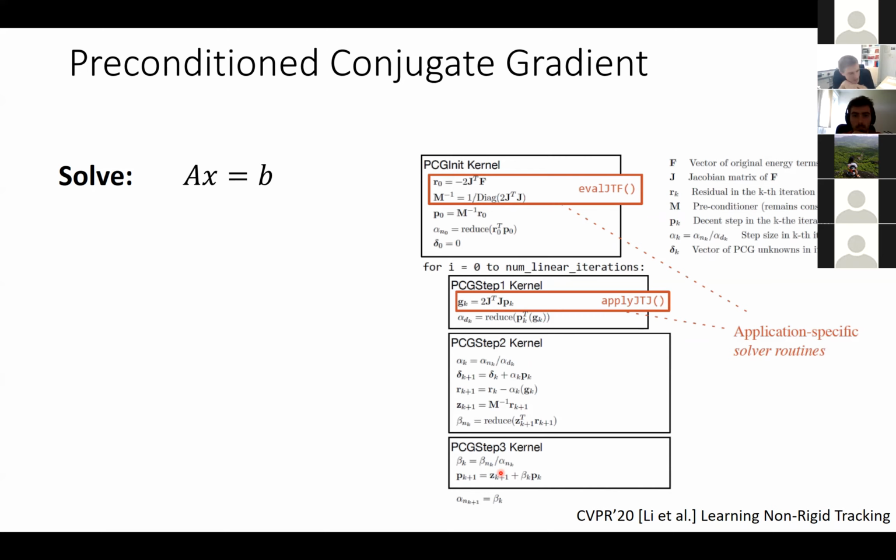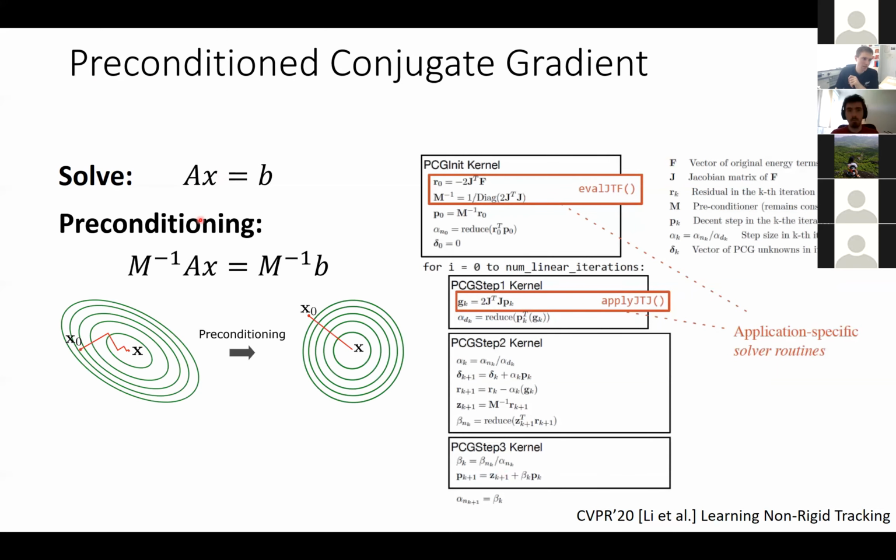And now we thought a little bit about how to make PCG efficient. If you want to make PCG efficient, you're looking at the P part, this preconditioning. So in practice, you're not solving AX equals B, but rather you're solving some preconditioning matrix M inverse times AX equals M inverse times B. So for this preconditioner, there are a lot of different preconditioners you can apply when you're running an optimization.